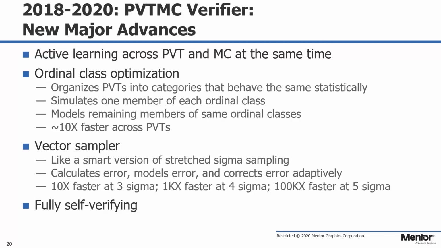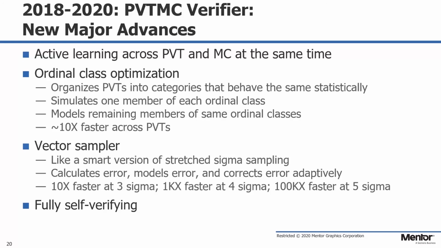And then we've got a thing called a vector sampler, and this is kind of like a smart stretch sigma sampler that actually calculates error, models error, and corrects error adaptively. So you don't keep increasing your confidence interval as you stretch more. It actually goes and figures that out and then compensates. So we can get pretty good answers from a stretch sigma type sampler.